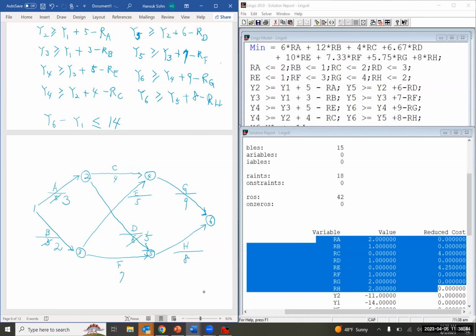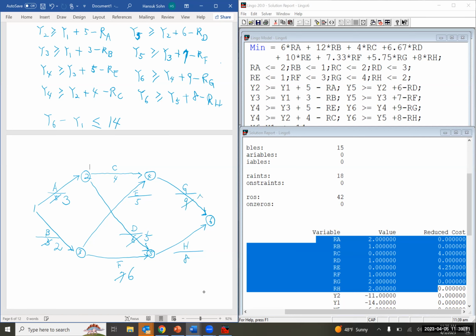Okay. And then E is going to remain the same. F will be reduced by 1 week. It's going to be 6. And F, no, F we did it. And G will be reduced by 2.